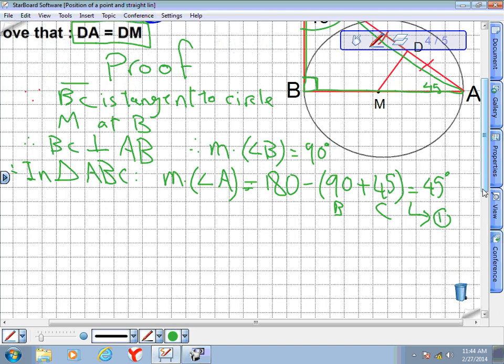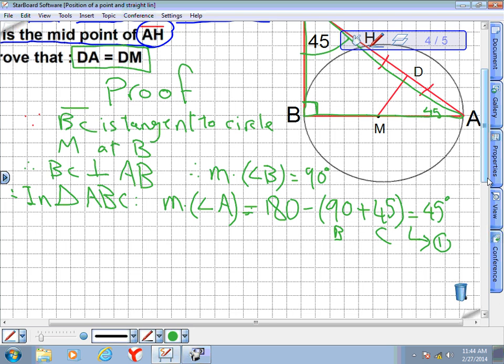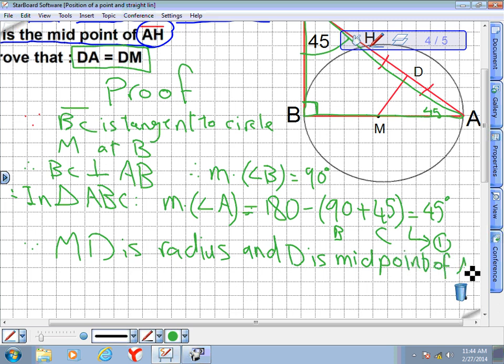We will continue our proof by, since MD is the radius and D is the midpoint of AH, therefore the measure of the angle here will be equal to 90.